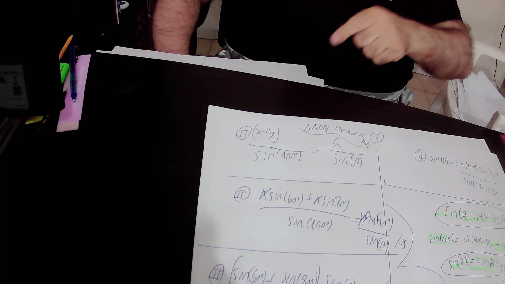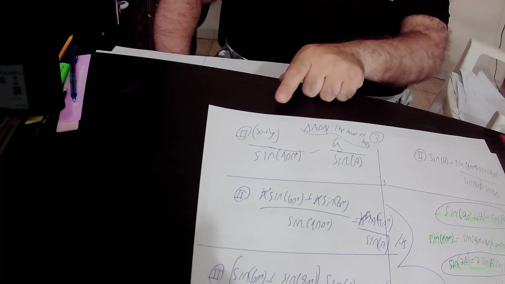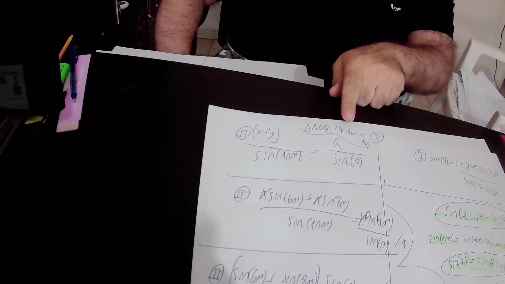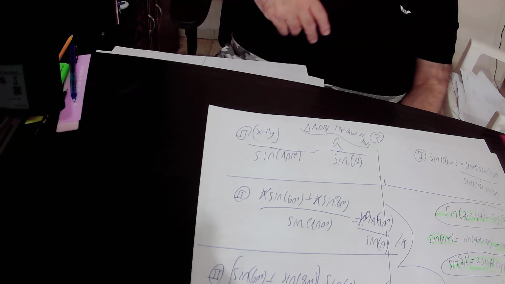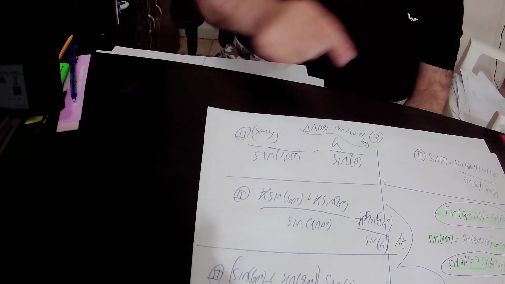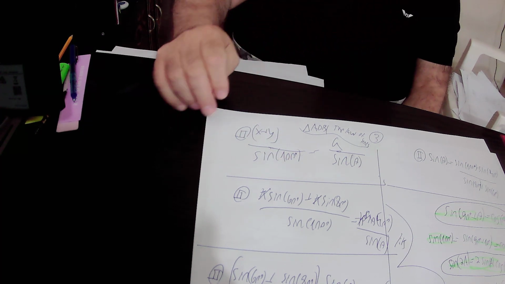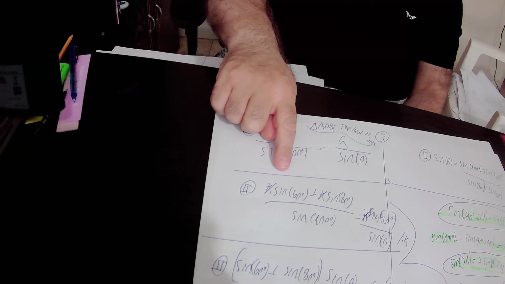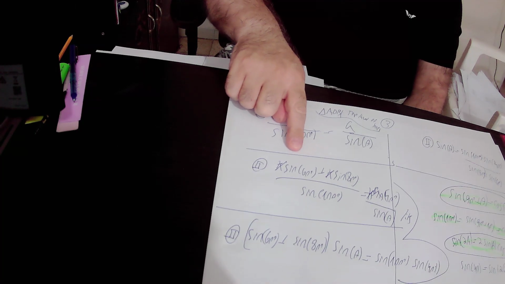Now we substitute x by k times sine 60 degrees, we substitute y by k times sine 80 degrees, and we substitute a by k times sine 40 degrees, and we got this expression. And then we have k on both sides of equation number 2, so k will get cancelled.